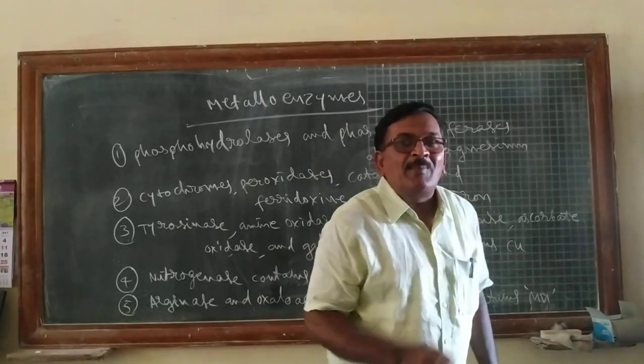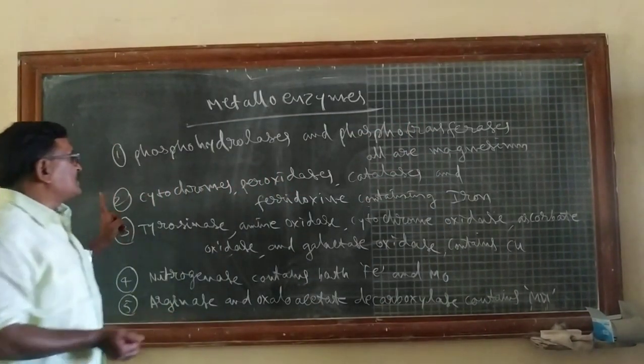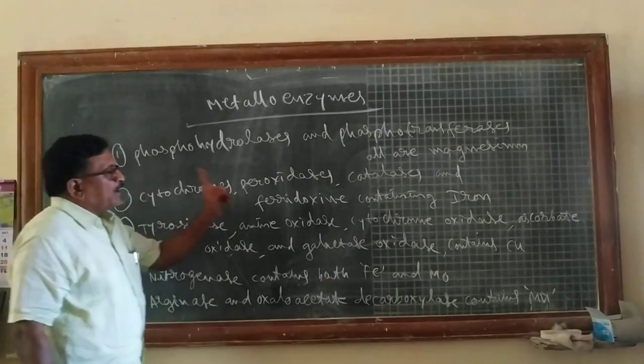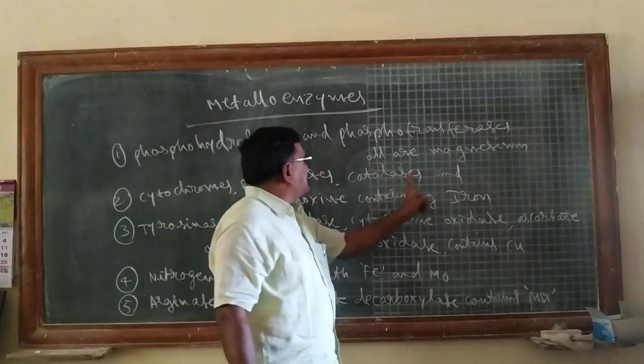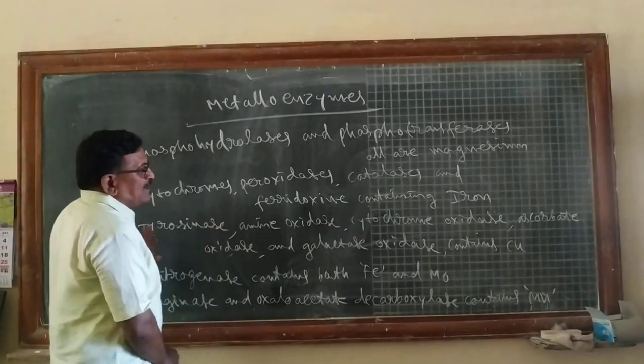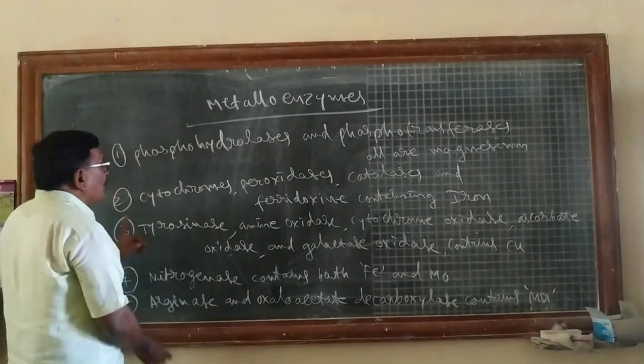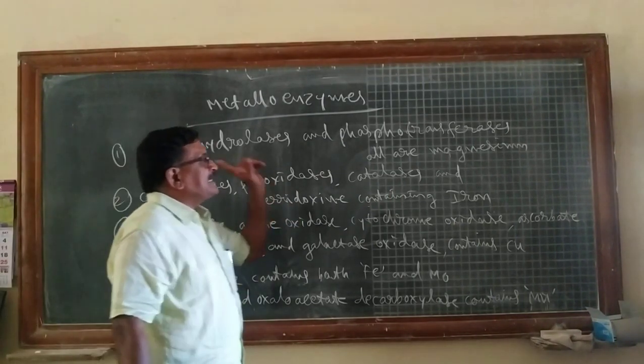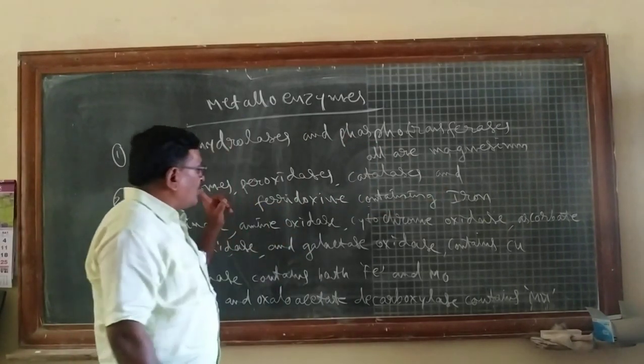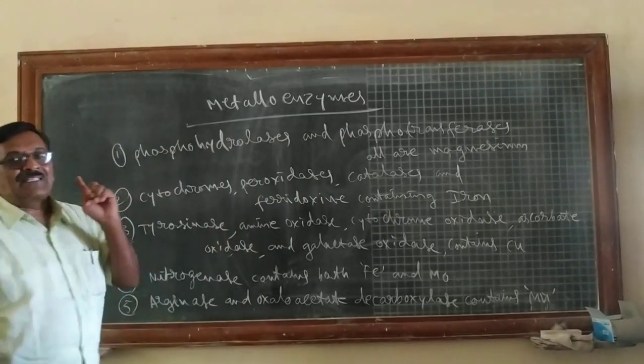The second one is the cytochromes, peroxidases, catalases and pyridoxine, which contain iron.